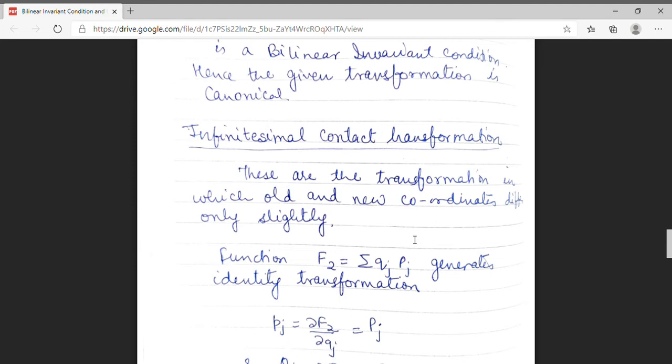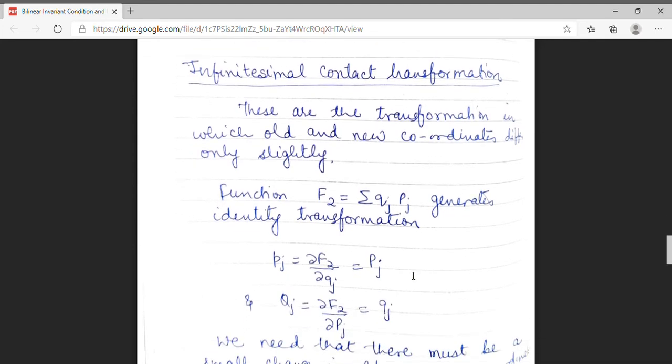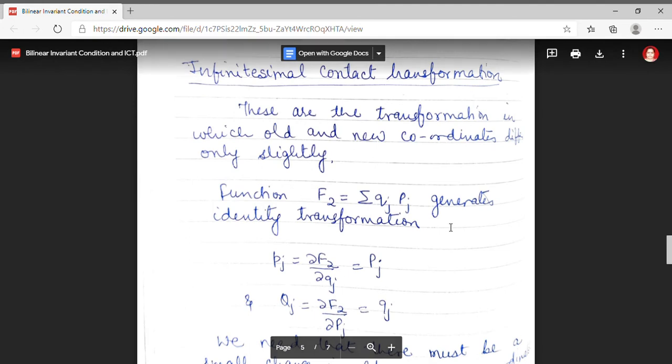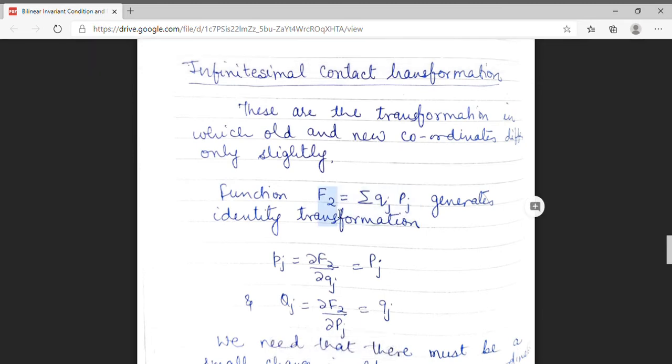If I am taking my generating function to be summation over j, small qj, capital Pj, and since it is the second form of generating function, I am taking the transformation equations of this second form, which are small pj equal to del F2 upon del qj. So differentiating F2 with respect to small qj, I will get it to be capital Pj.